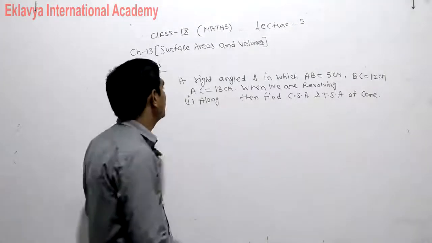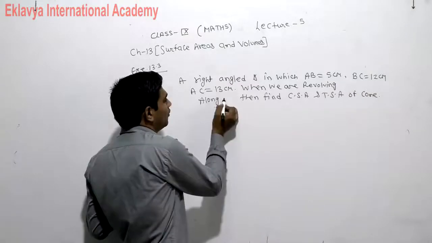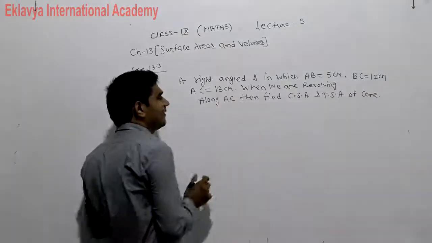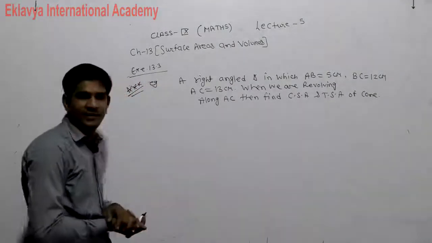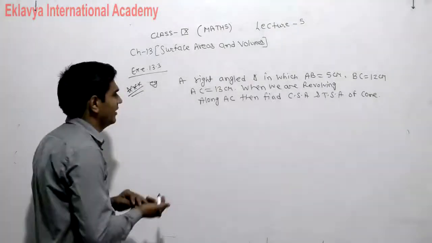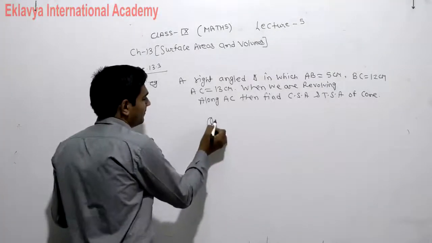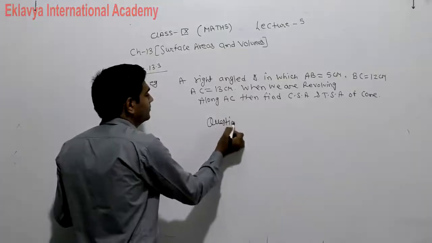When we are revolving along AC, then find the curved surface area and total surface area of the cone. Question for you.